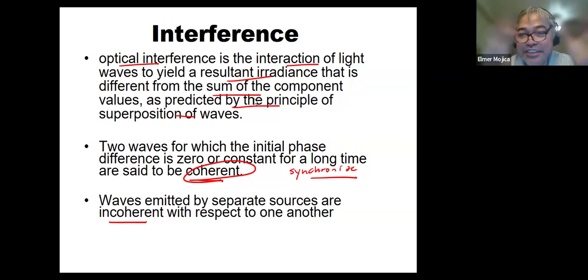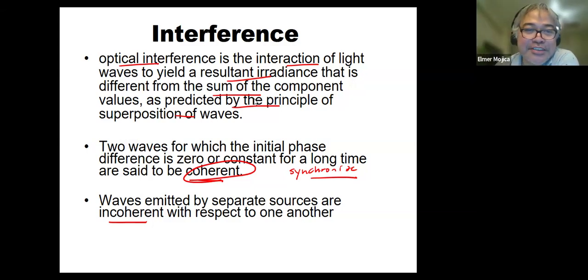And I try to introduce this to you because you will always hear this word coherent when you're using what we call laser. Laser light is an example of a coherent light. Okay? They always have a single line or a single wavelength. The waves in the laser beam are well organized and synchronized, allowing them to create a powerful and focused beam.